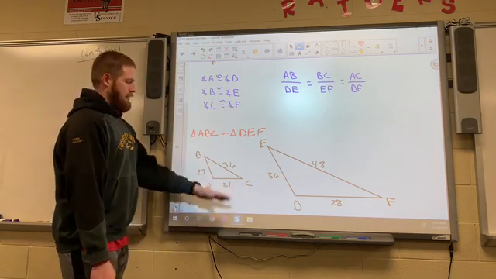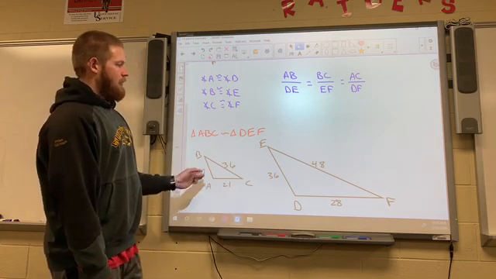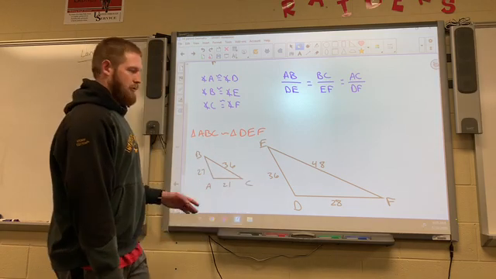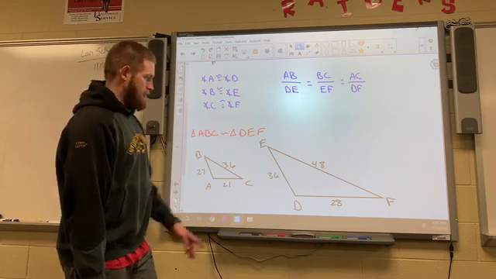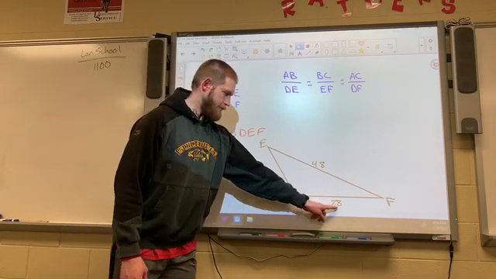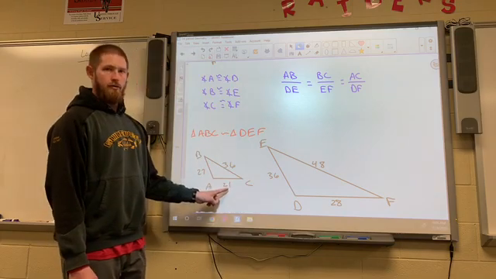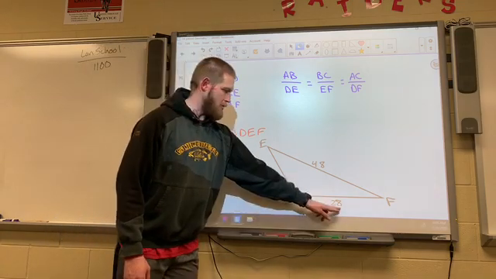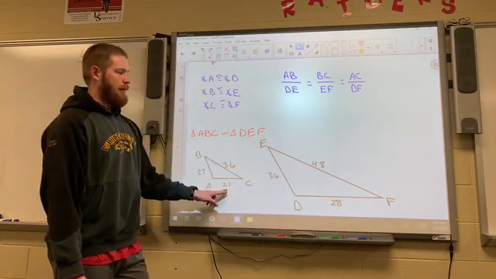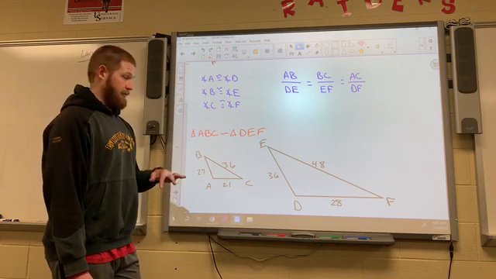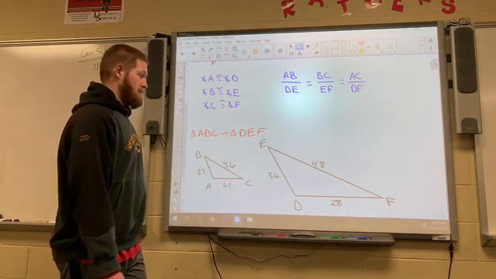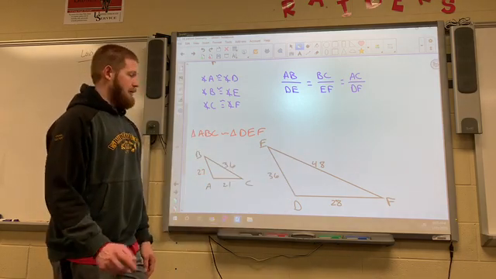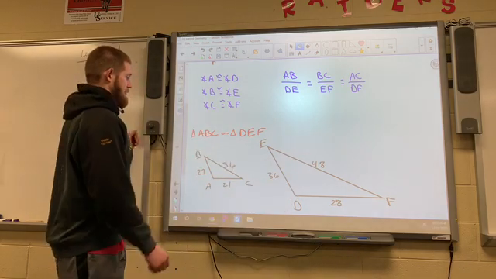So, what we did, and I already have written down below, I went ahead and took my smallest numbers, for no specific reason other than the fact that they were the smallest numbers. So I took 28 over 21. And again, I knew to put the large number on top and the small number on bottom because I need my scale factor to be more than 1 because it's an enlargement. For those of you who like to change things to decimals, keep in mind scale factors have to be fractions.